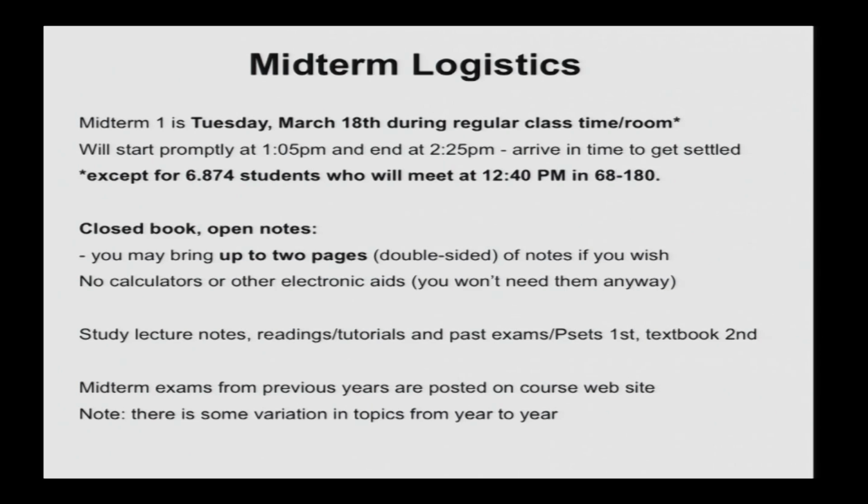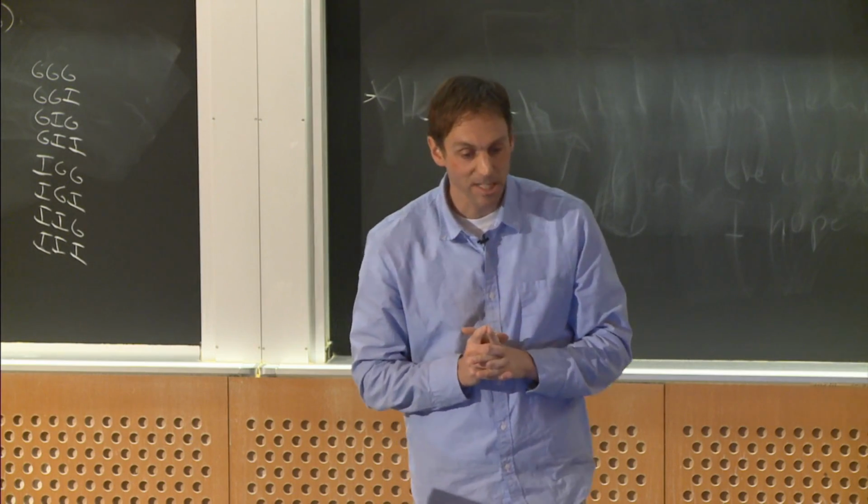Those people should go to 68180, and because they're going to be given extra time, you should go there early, at 12:40. Everyone else who's not in 6874 should come here to the regular class by 1 p.m. just so you have a chance to get set up. The exam will start promptly at 1:05 and will end at 2:25. An hour and 20 minutes.